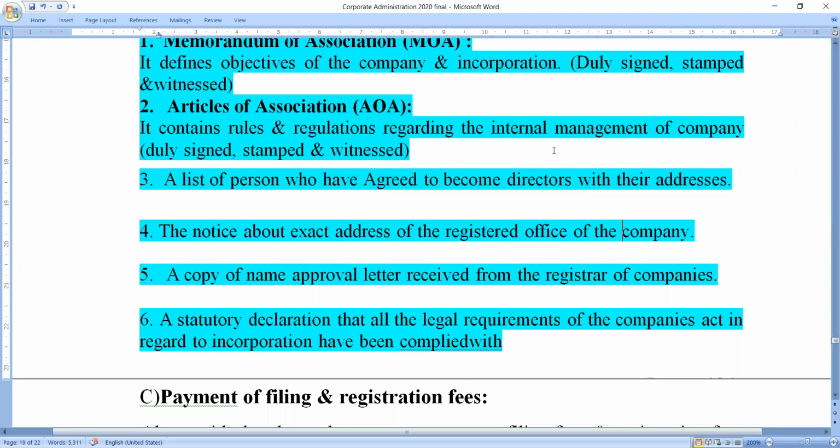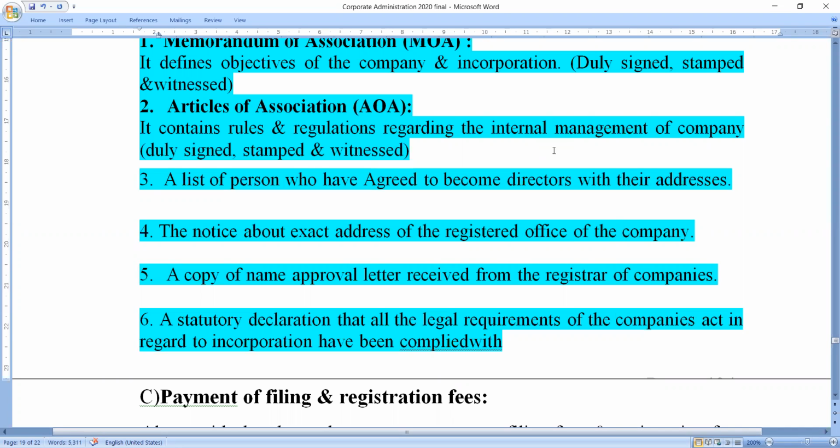Where the company's head office or registered office is located, where you are established. The address of the registered office must be prescribed in this document, and it is also provided to the registrar. And the fifth one here, a copy of the name approval letter.